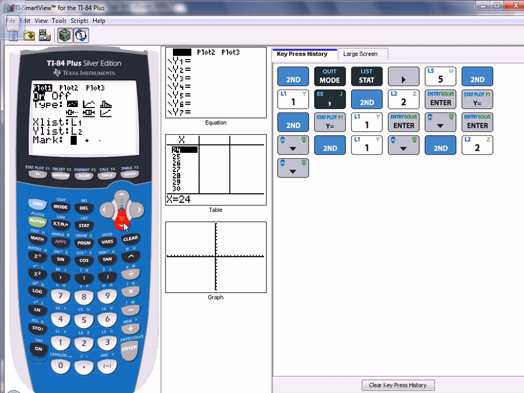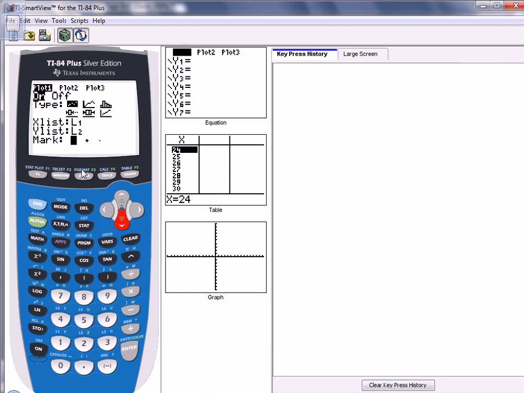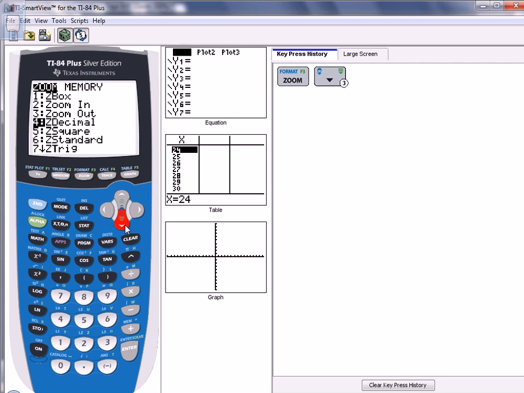But before we hit graph, we want to be able to get a good graph of this data. So now that we've turned all this on, we're going to hit zoom, the zoom button, which is right here, top middle. If we arrow a long way down, we should see zoom stat is choice 9.